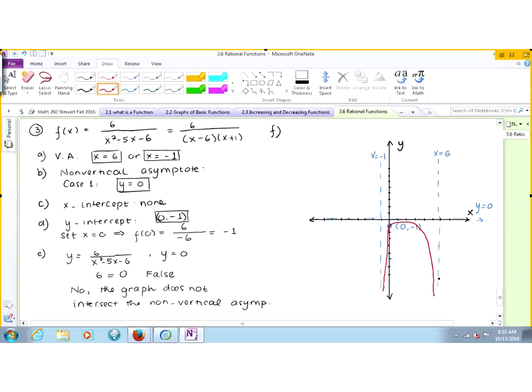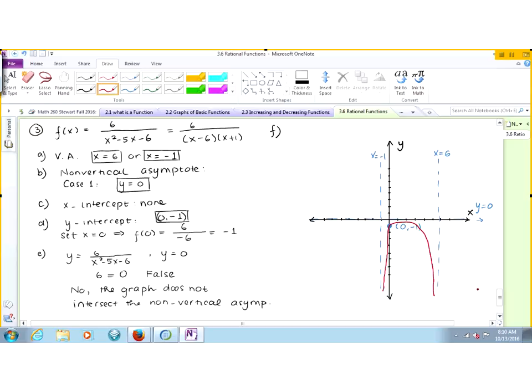Something like this, I don't know. It's not going to touch this line at all. Right? Does everybody know why? It starts here and goes back down. Why? It's not supposed to cross this asymptote. So there is no other possibility.